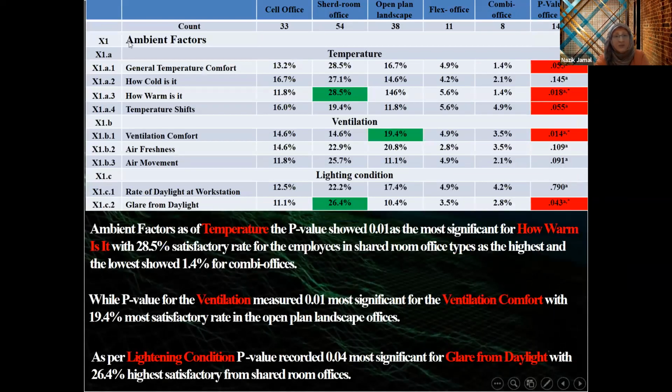If we start with the ambient factor, we can see for the temperature, the p-value of 0.01 is the most significant, for the question how warm is it, with 28.5% in the shared office.